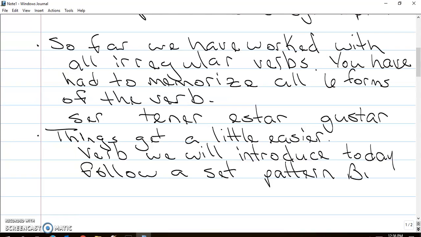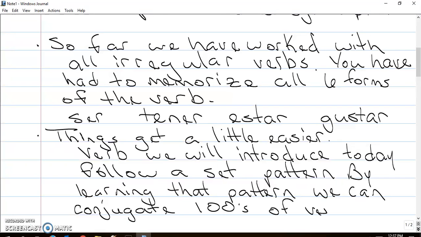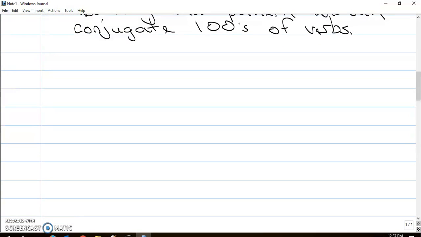So, by learning that pattern, we can conjugate hundreds of verbs. Okay? So once we know the pattern, it will open up a world of verbs.